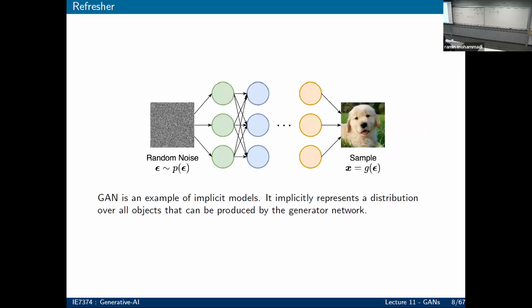Now, the idea about GANs is that GANs are a type of likelihood-free model. The idea here is, could we generate an image from some random noise without a need for explicitly defining that distribution?